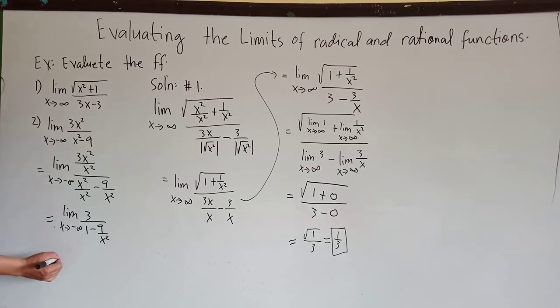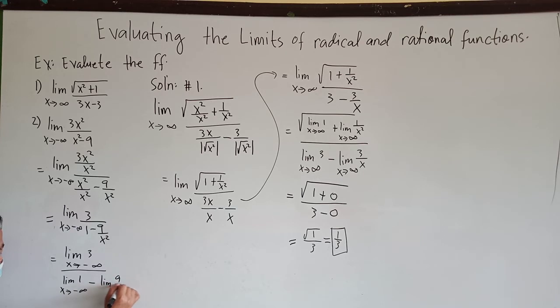Then, applying the limit laws, we have limit of 3 as x approaches negative infinity over limit of 1 as x approaches negative infinity minus limit of 9 over x squared as x approaches negative infinity.